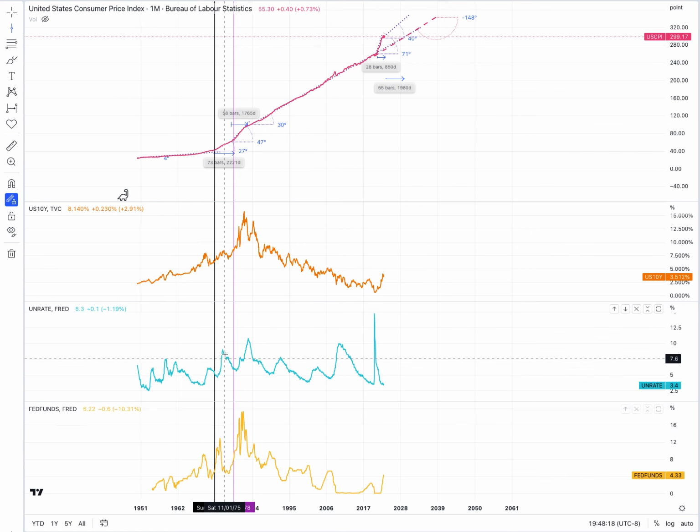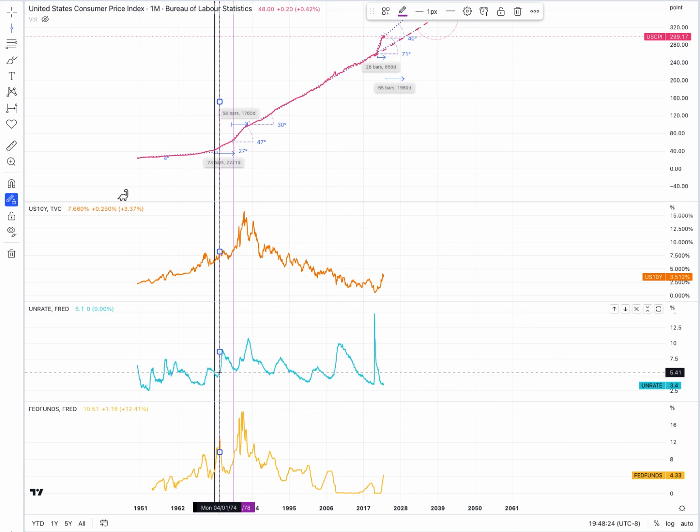That caused the unemployment rate to rise even further, from 5.41 all the way to 9.07. The unemployment rate rose by 400 basis points while the Fed was raising the interest rate. That would cause the Fed to dramatically stop raising interest rates, from a 12.72% Fed funds rate all the way to 4%.